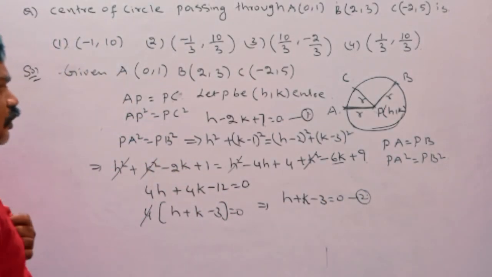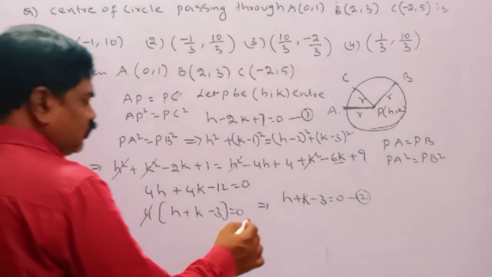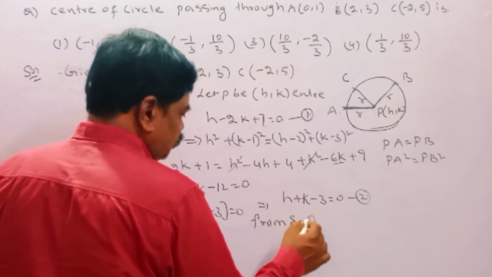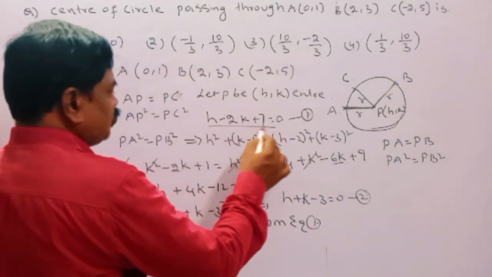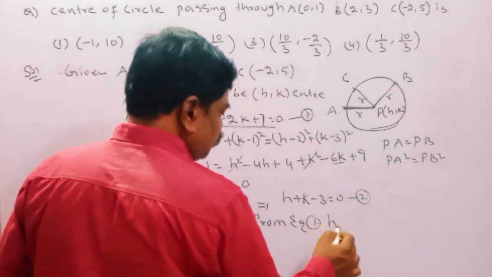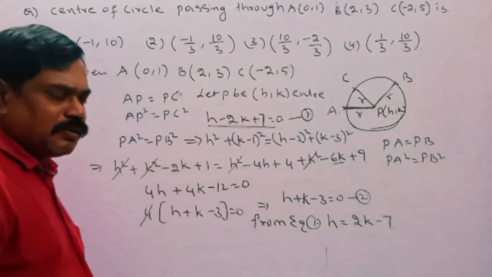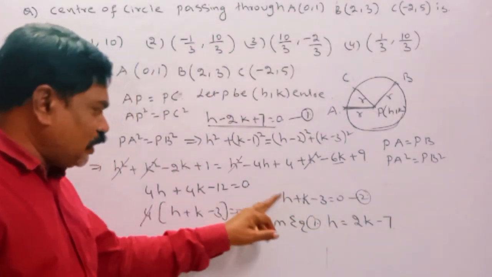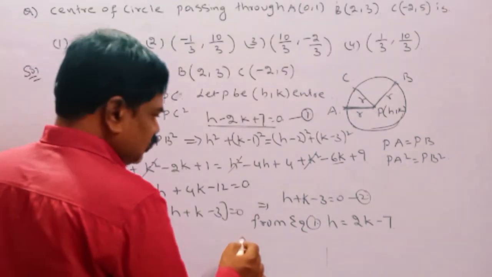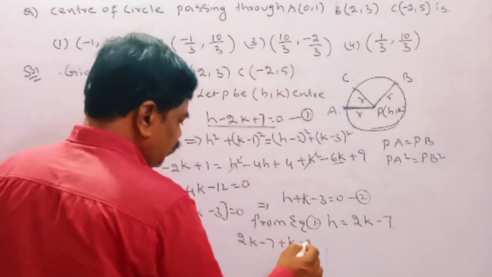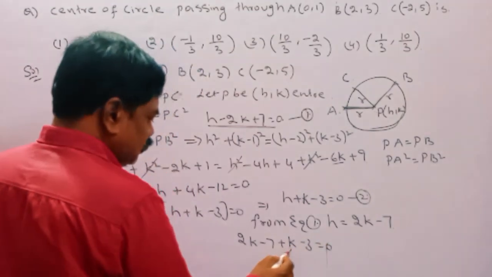But from equation 1, H is equal to 2K minus 7. We have to substitute this value here: 2K minus 7 plus K minus 3 equal to 0.